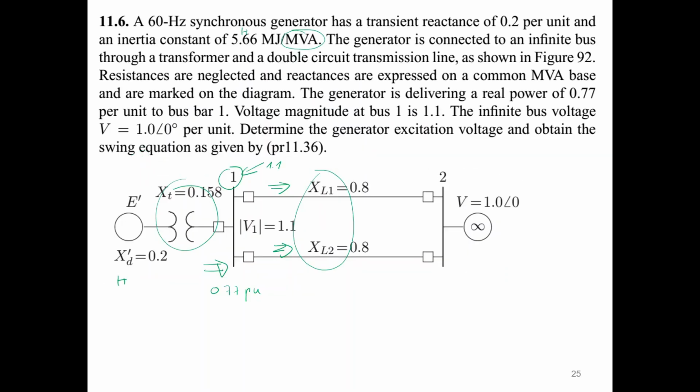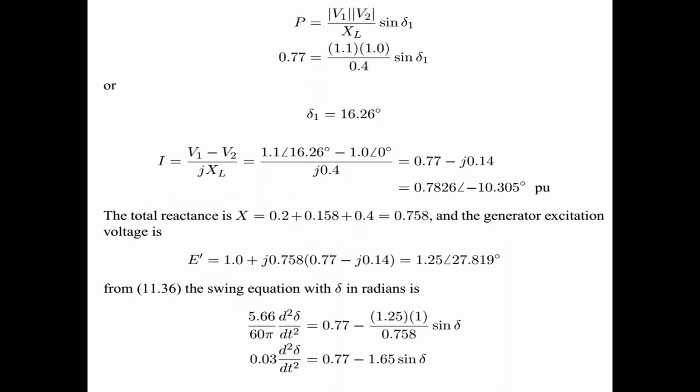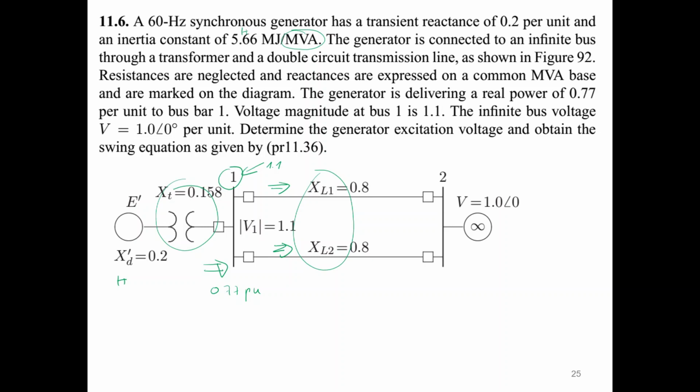So you have to put the whole thing into the swing equation. Now let's see how to start with this and how we can do this. Well, you can define the relationship.